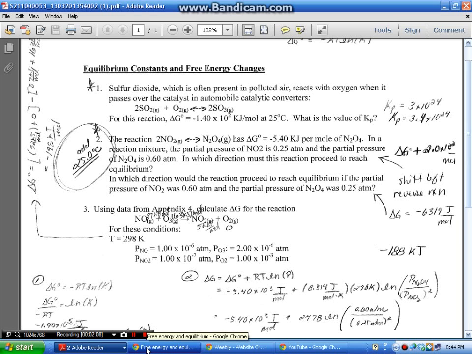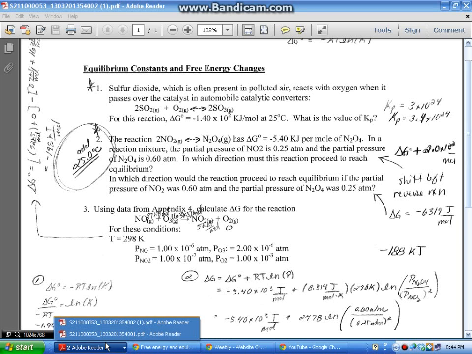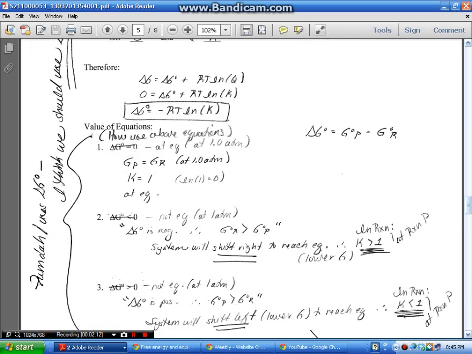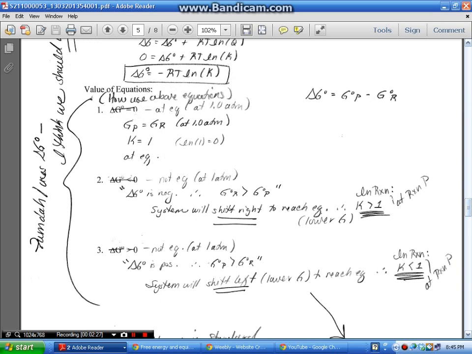Now, I think that Zumdahl is very confusing with his presentation of this information. And so in your note packet for the relationship of pressure and Gibbs free energy, I have communicated what he is saying. Whenever he's solving for delta G, when delta G equals 0, then K will equal 1.